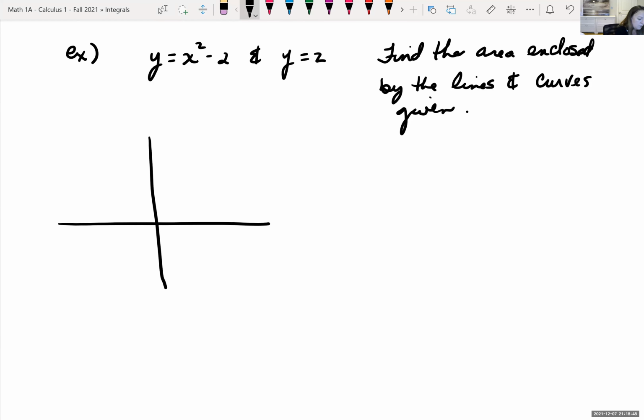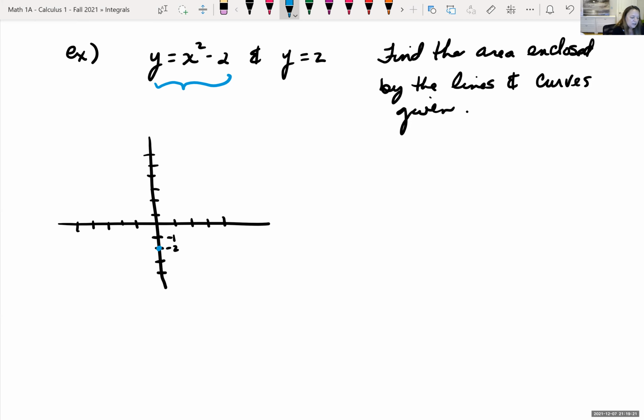And so if we were going to graph, let me just give myself some points. If we were going to graph y equals x squared minus 2, if I think about this as the graph of y equals x squared, that minus 2 is shifting that down 2 units. That means my vertex is going to be at (0, negative 2).